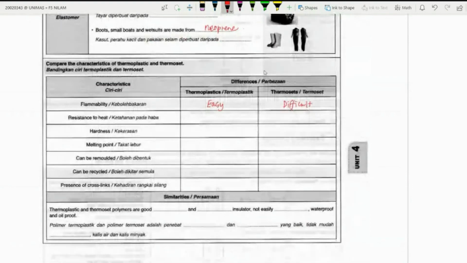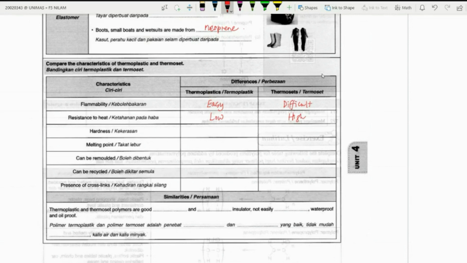Next, resistance to heat. Just now we mentioned already: thermoplastic has lower resistance, and thermoset is high. How about hardness?